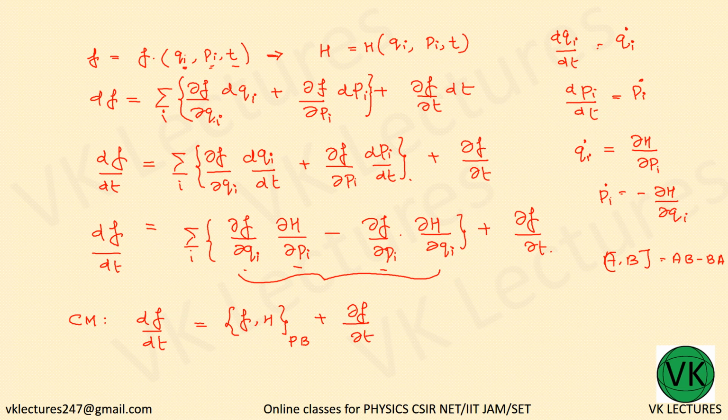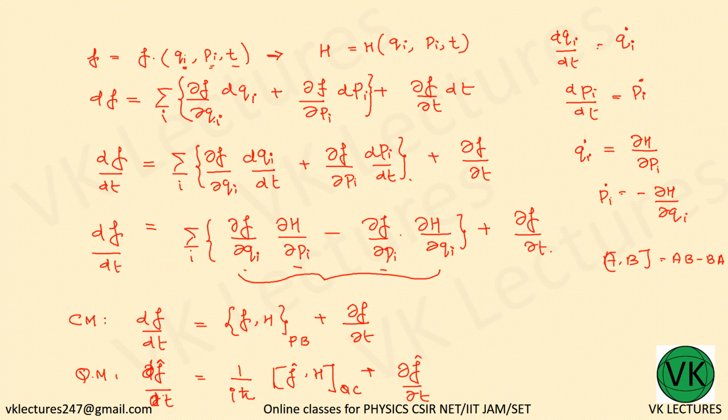Now in quantum mechanics we write the change of the function f with respect to time, this total time derivative df/dt, where f is the operator, is equal to 1 divided by iħ times [f, H], this is the quantum commutator, plus ∂f/∂t.